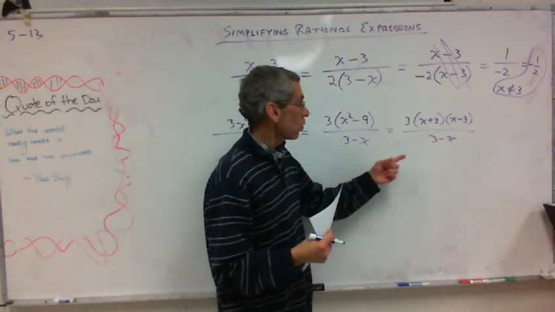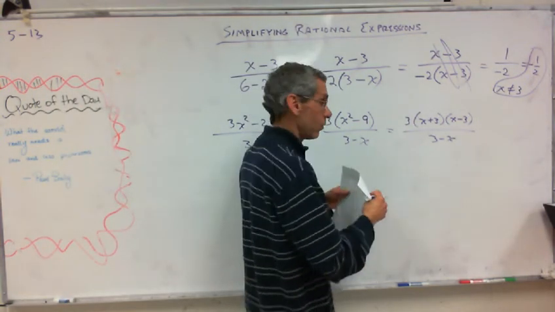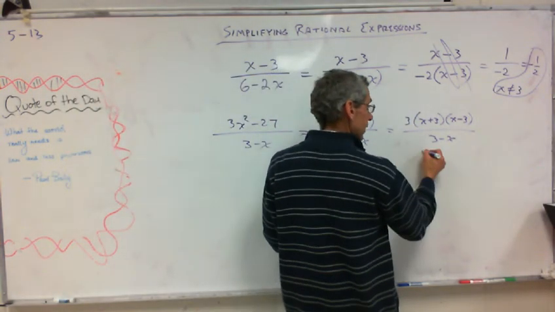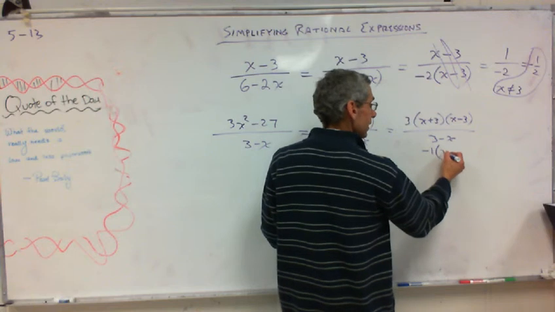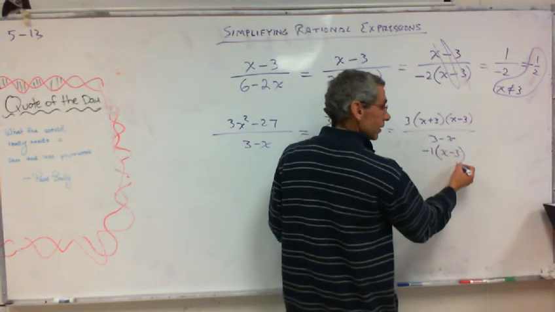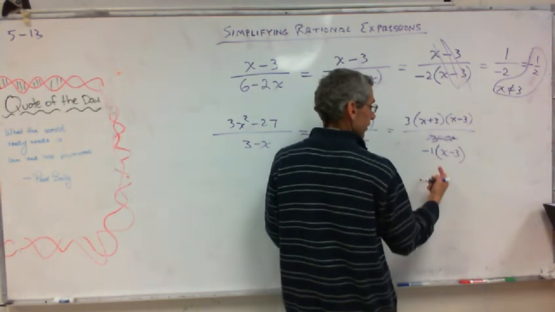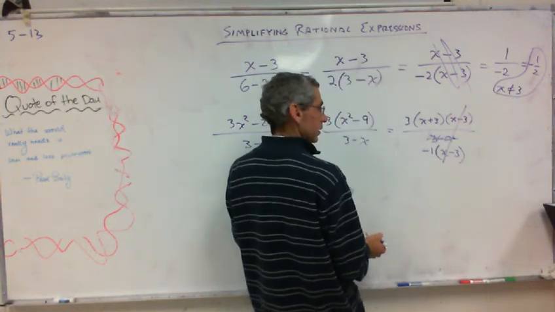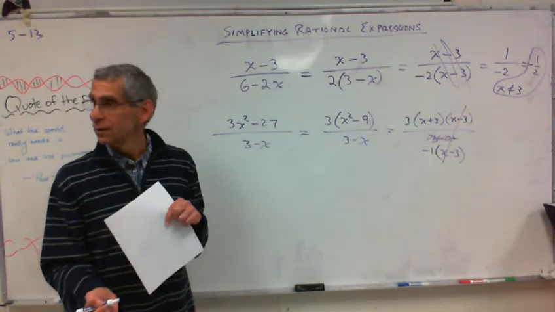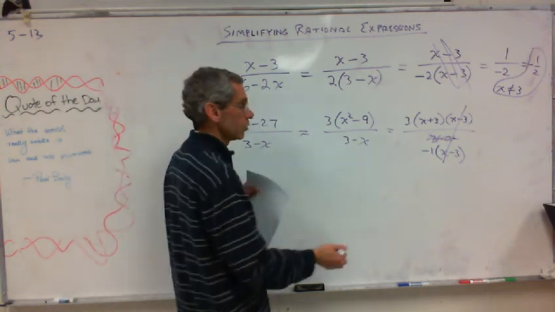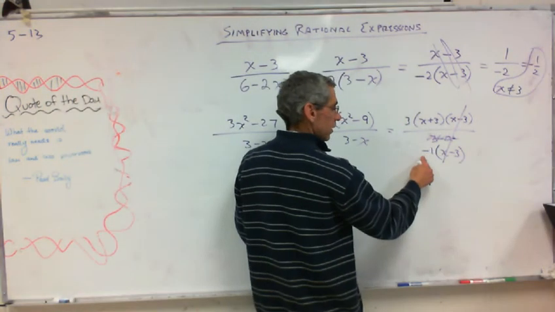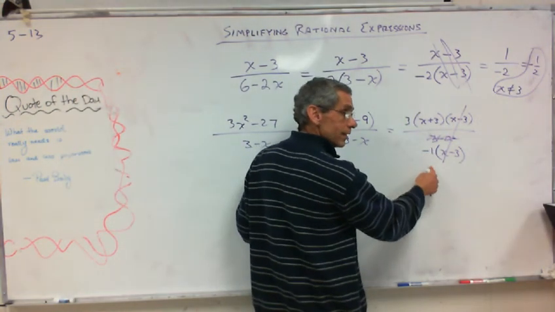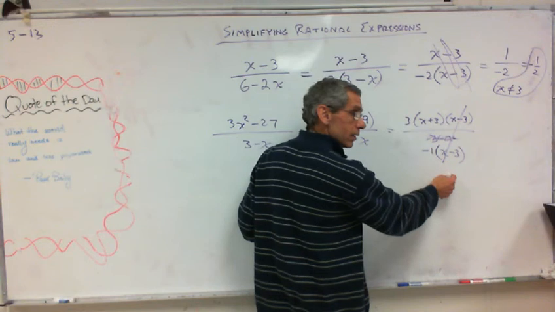So what would I do? Down here, I would change that to negative 1 parenthesis x minus 3. So now I can get rid of my x minus 3. I took the 3 minus x and I said, okay, negative 1 parenthesis x minus 3.